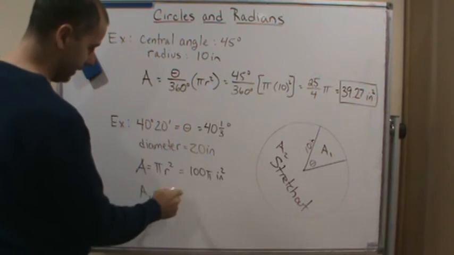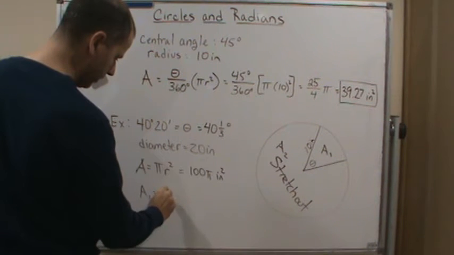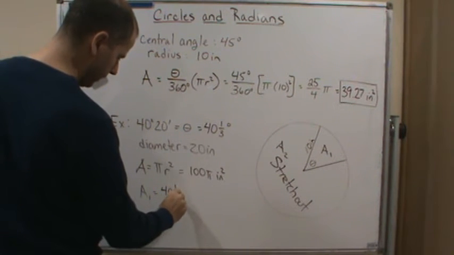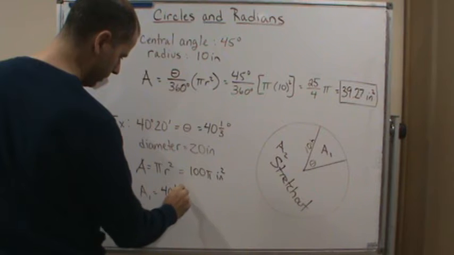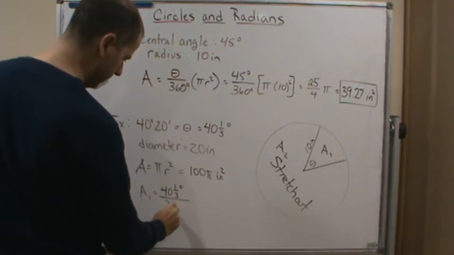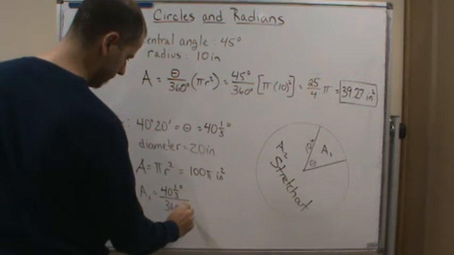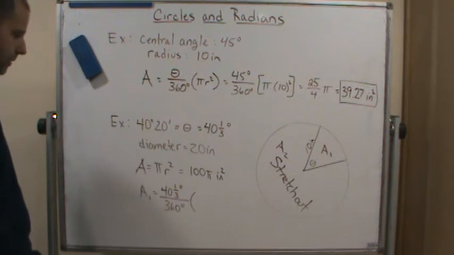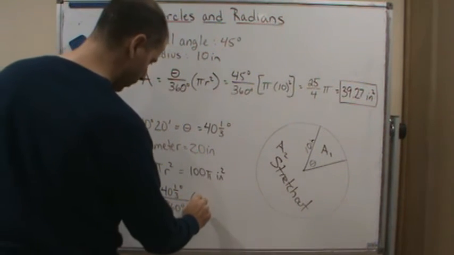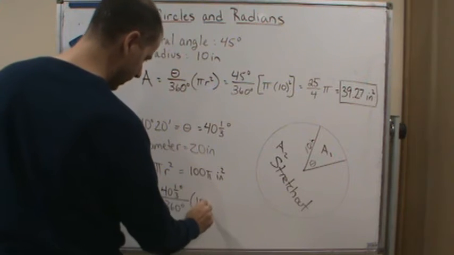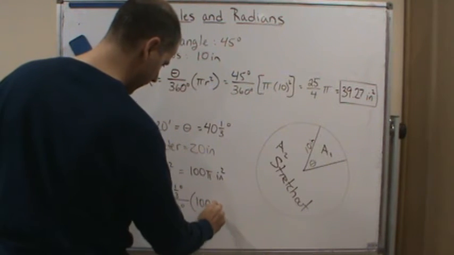So we take 40 and 1/3 degrees divided by 360 degrees times pi r squared, which is again 100 pi.